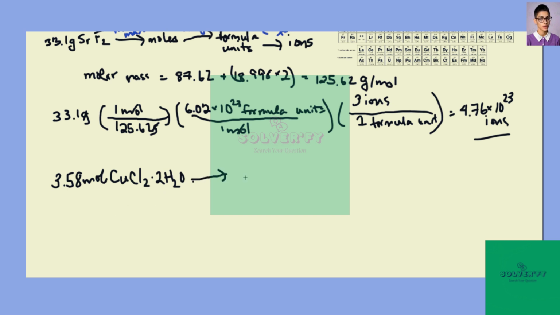And we want to change it from moles to kilograms. So we know that we start with moles, and we want to go to grams first, using again the molar mass.